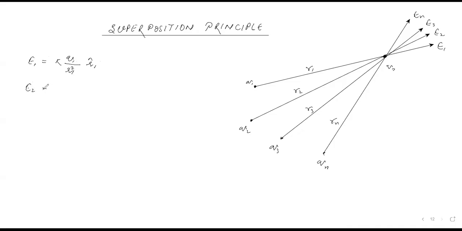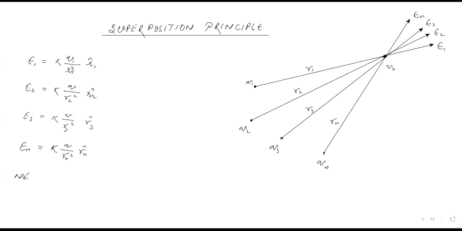Similarly, the value of E2 is KQ over R2 square times the unit vector of R2. E3 is KQ over R3 square times the unit vector of R3. For the nth charge, En is equal to K Q over Rn square times the unit vector of Rn.